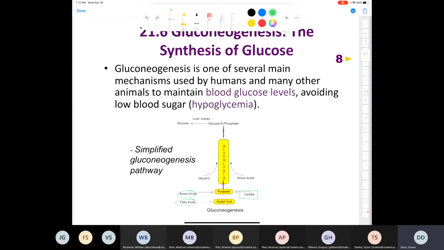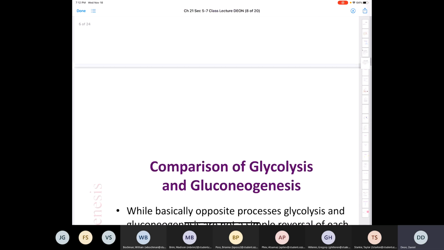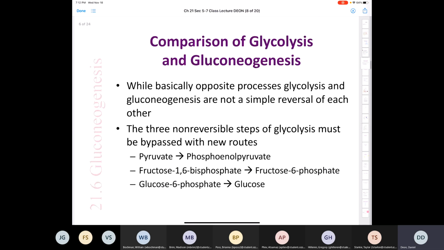All right. Well, again, I took this off the internet. Not everything on the internet is true. It's not exactly the reverse of glycolysis. We'll have to look at it in a little more detail. Okay? Here's a summary. If you compare the two processes, it says they're basically the opposite. But basically doesn't mean they're the exact opposite, does it? Glycolysis and gluconeogenesis are not just a simple reversal.